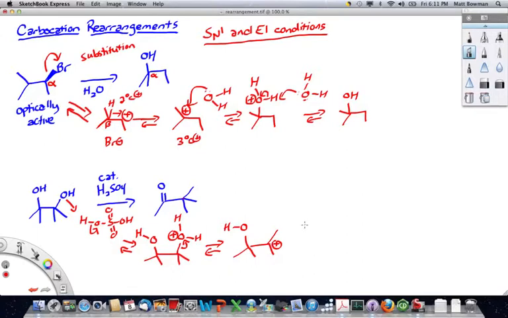Now, tertiary carbocations themselves are typically quite stable things as far as carbocations can go. But if one of these methyl groups shifts over, that gives you this carbocation. This carbocation is actually better than tertiary because it is a resonance stabilized carbocation.